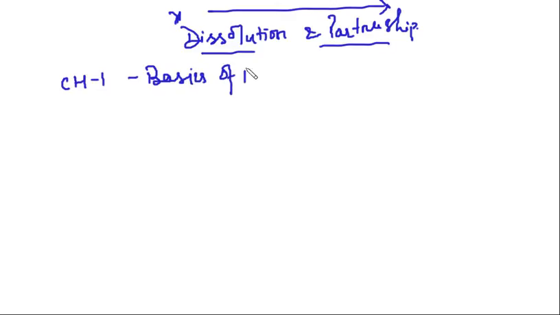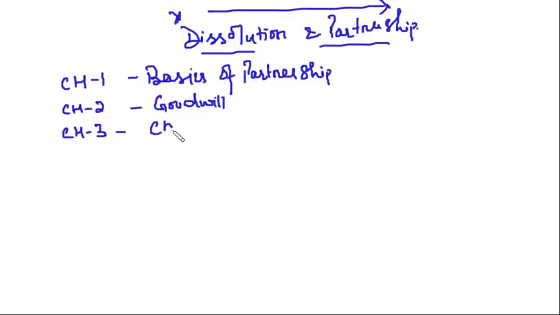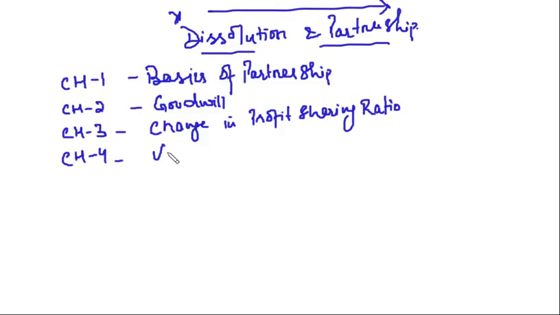chapter number 1, that was basics of partnership. Then chapter number 2, we discussed goodwill. Then chapter number 3, we discussed change in profit sharing ratio. Then in chapter number 4, we discussed the new partner being admitted to the firm, that is admission of partner.